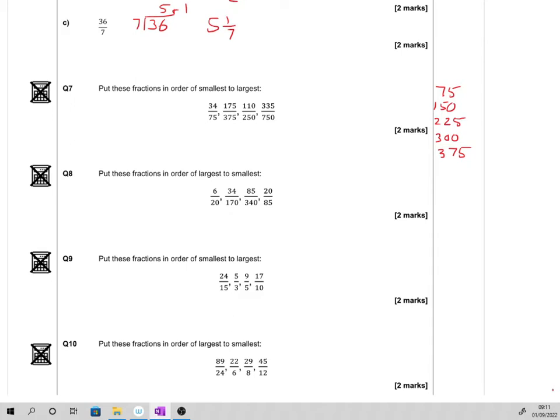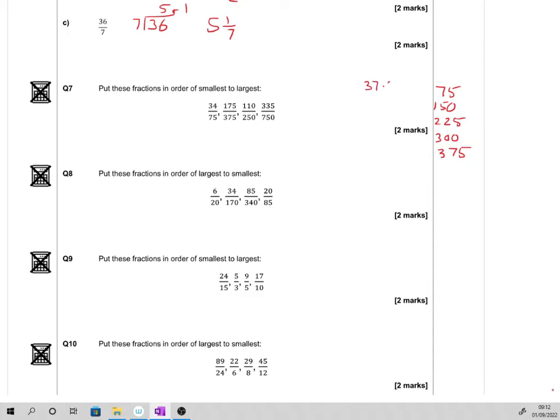Can't divide that by 5. 75. What's 37.5? Let's have a look at that.